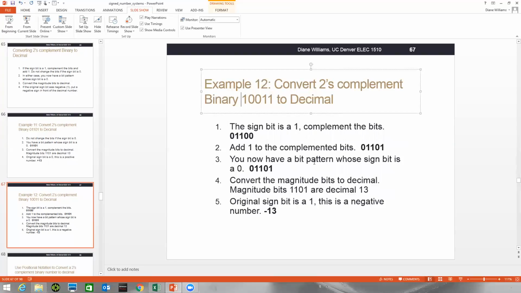So now I have a pattern whose sign bit is a 0, right? But what I want to form is the magnitude. So I look at this and say, well, the magnitude of that is 13. That's what we did here. But now we have to remember the original sign bit was a 1. So I say that this binary 2's complement here is equivalent to -13 in decimal. All right, that's how we do that.